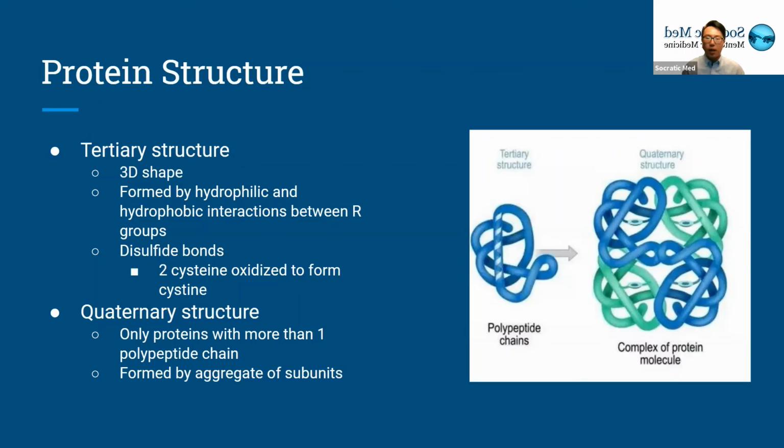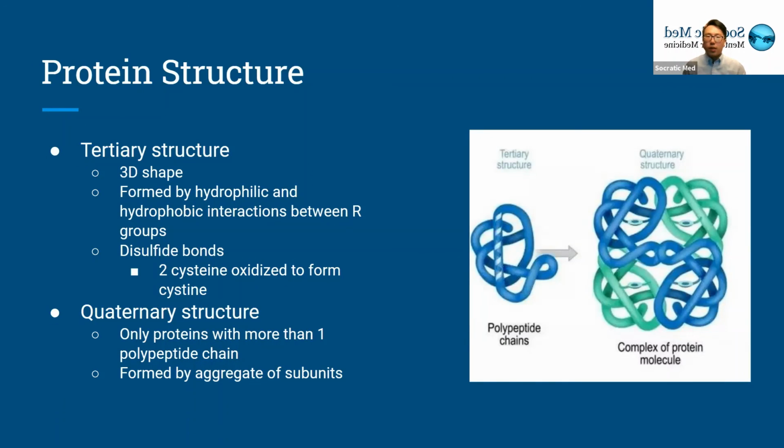Two cysteines combine together in order to form a disulfide bridge, and that also adds to the 3D shape of the protein. Disulfide bridges can also be broken apart by denaturation, but then also reformed after the denaturant is removed.